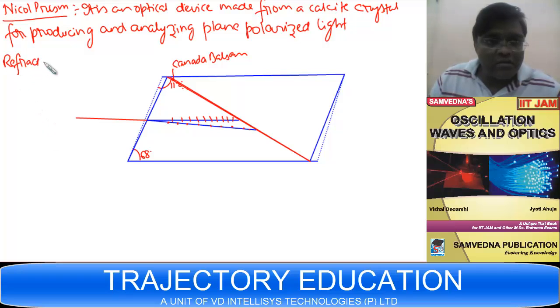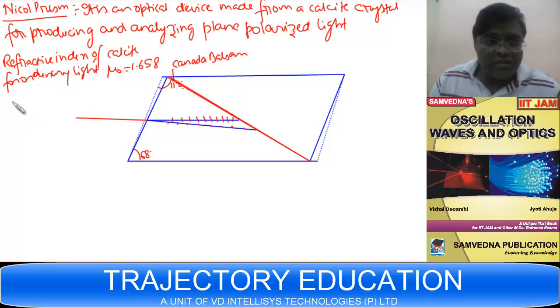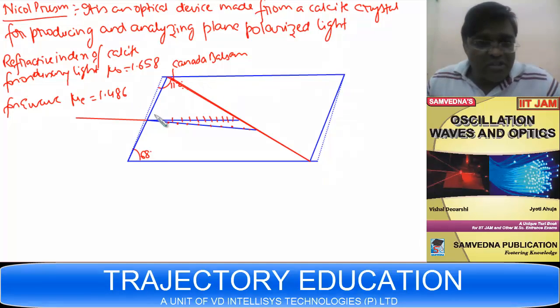Now the refractive index of calcite for ordinary light, mu O, is 1.658, and for the E wave it is 1.486.